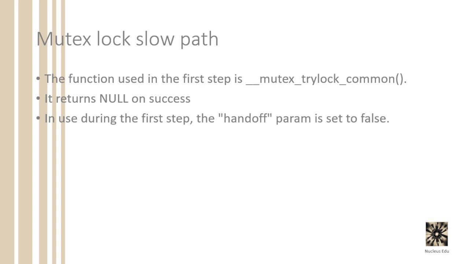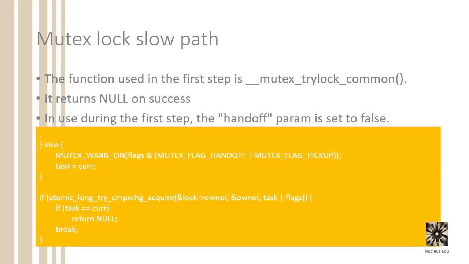But one thing to keep in mind right now, for the first step it's set to false, and that means the mutex trylock common function becomes very simple. And this is what is relevant to us right now. For the first step, the things before the else are relevant when handoff is set to true, and in another case which we'll see later.